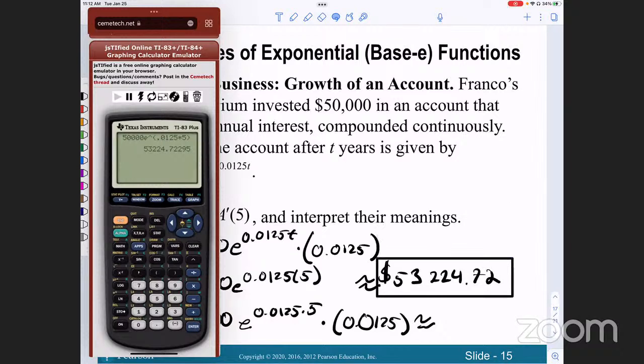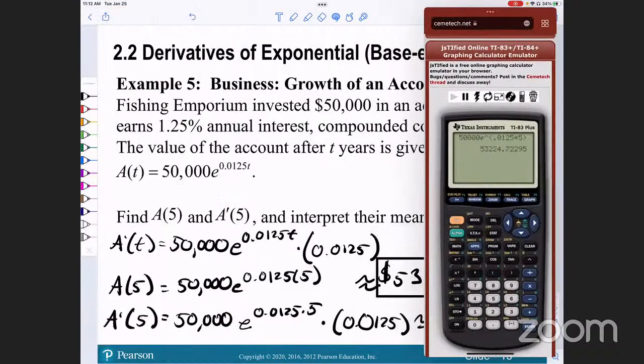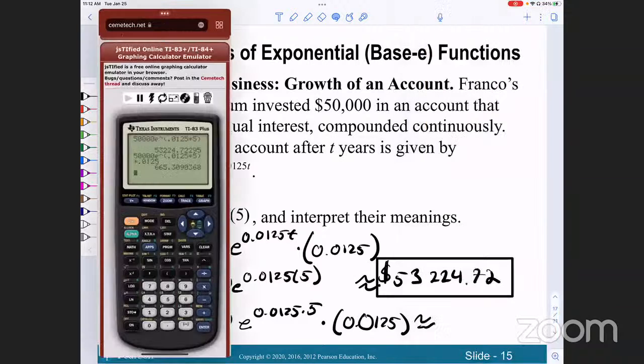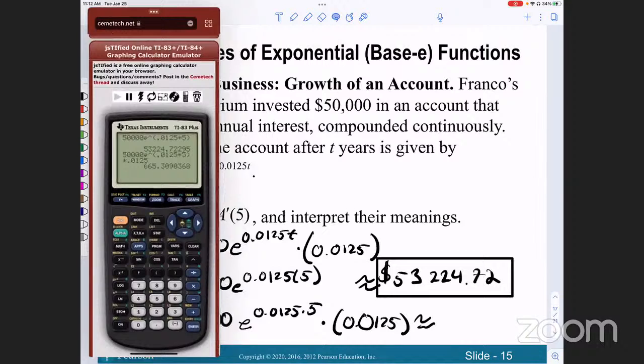And then for the next one, I'm going to kind of recall what I have. 50 e to the power of 0.0125 times 5. Then we need to say times, I think it's just the 0.0125. Okay, so that's the annual rate of growth per year. 665.32.